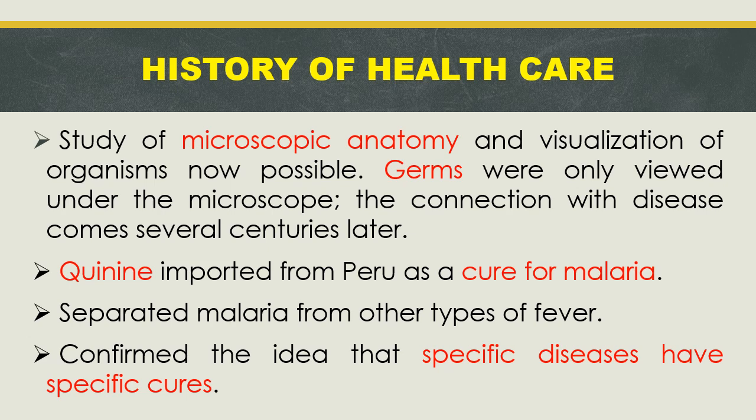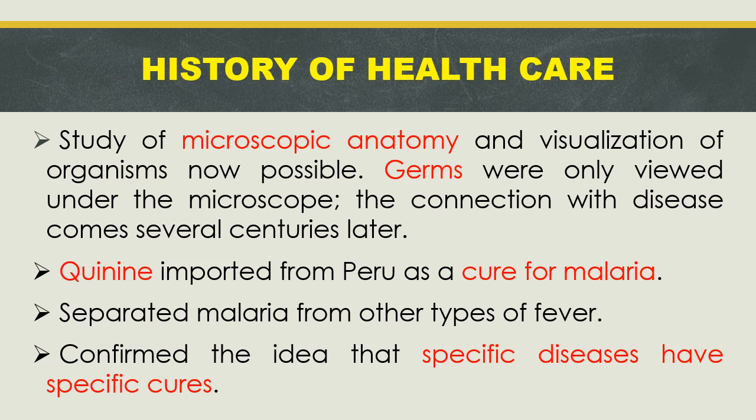Okay? Then next, quinine imported from Peru as a cure for malaria. So nagkaroon na ng cure for malaria noong 17th century, which is quinine. Then they separated malaria from the other types of fever, then confirmed the idea that specific diseases have specific cures.